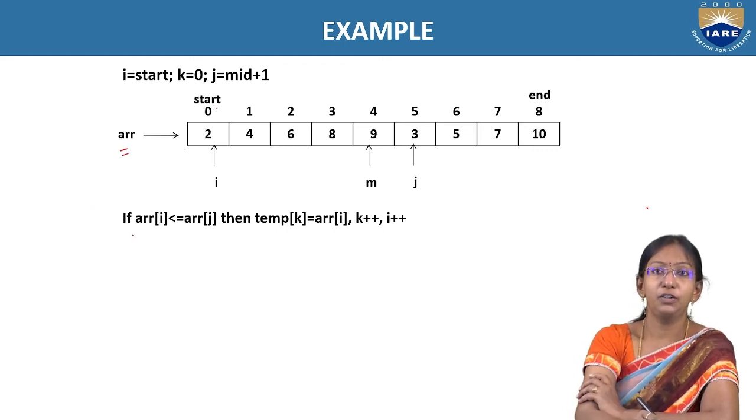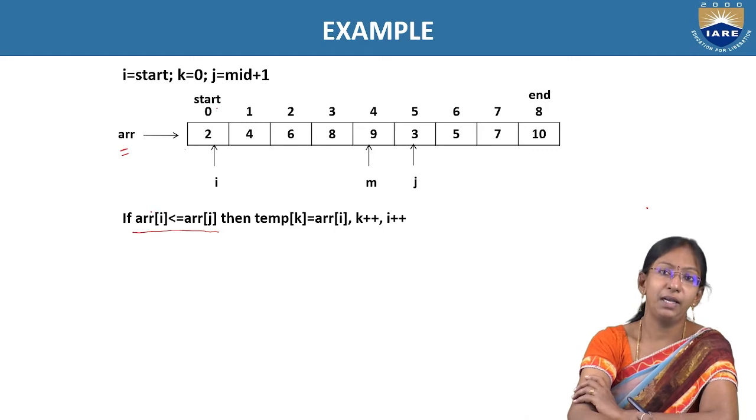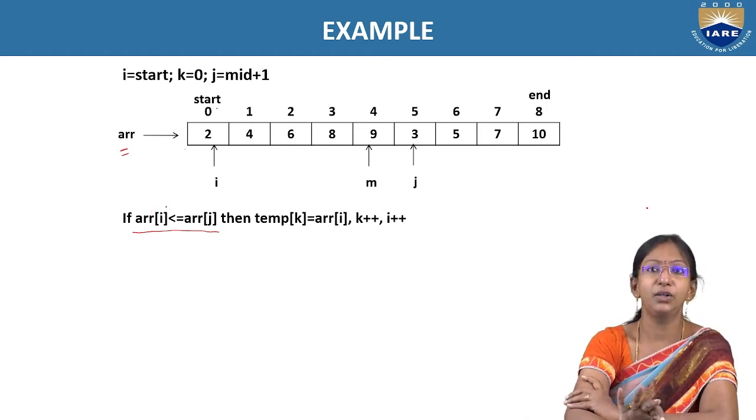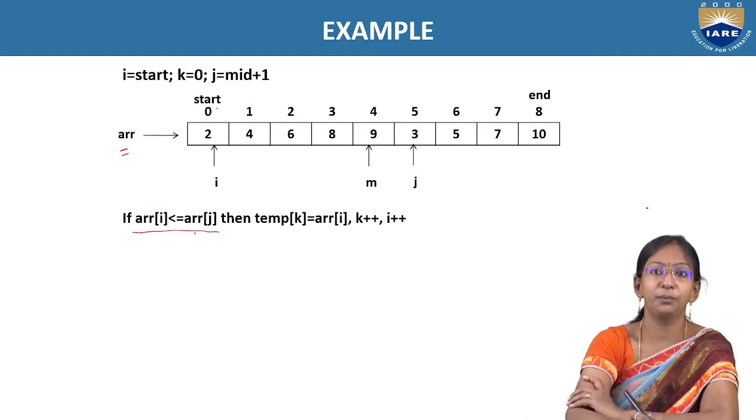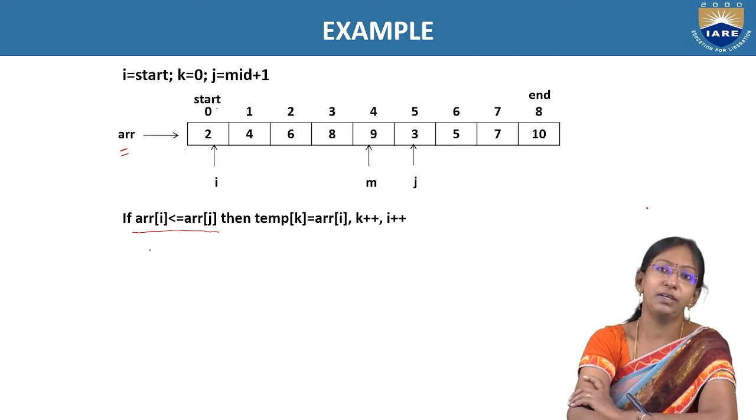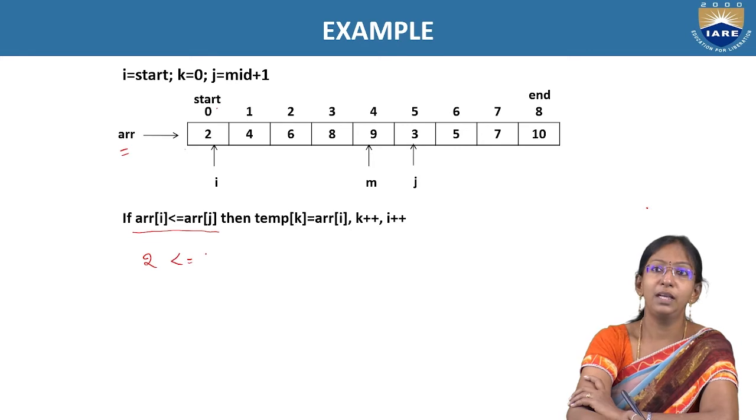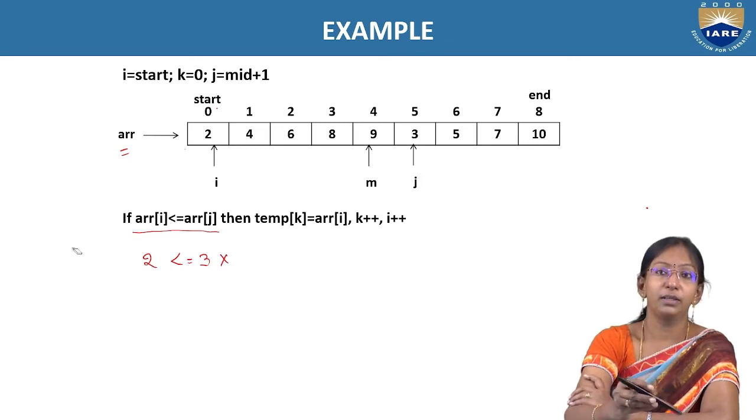The primary condition: if the element pointed by I is less than or equal to the element pointed by J. What is the element pointed by I? It is 2. Less than or equal to the element pointed by J, which is 3. Is the condition true? Yes, 2 is less than or equal to 3.